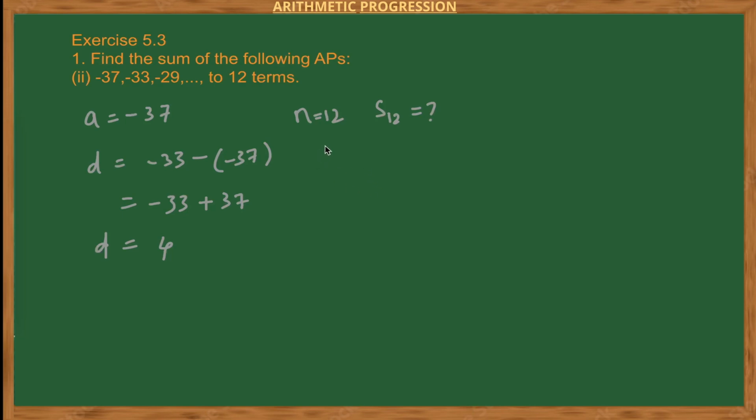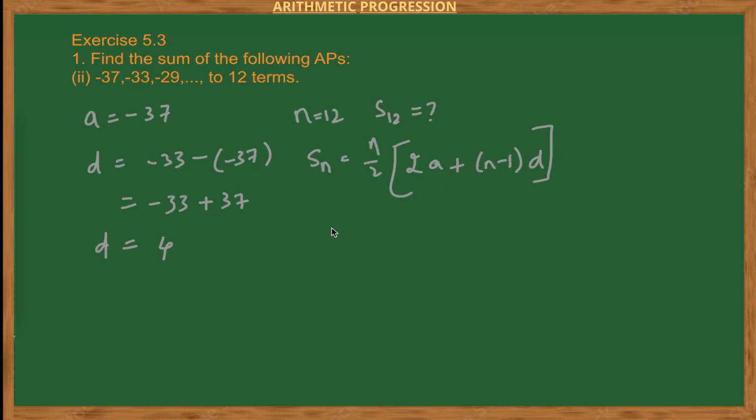Let's put our formula here. Sn is equal to n by 2 into 2a plus n minus 1 into d.